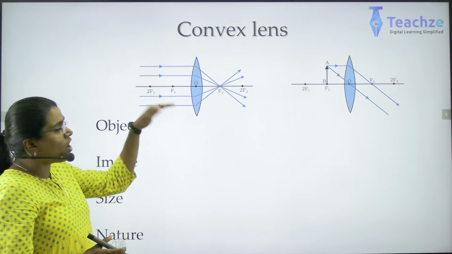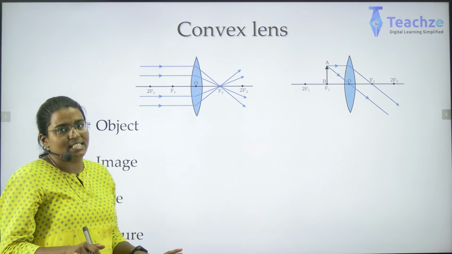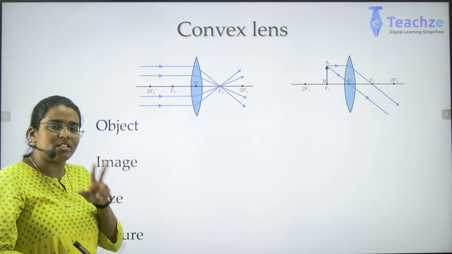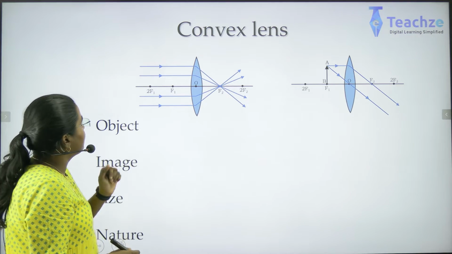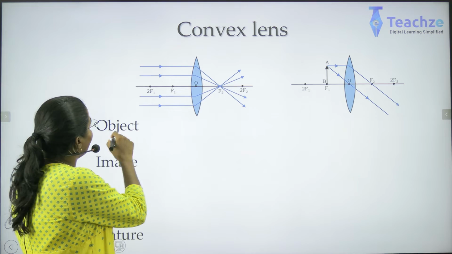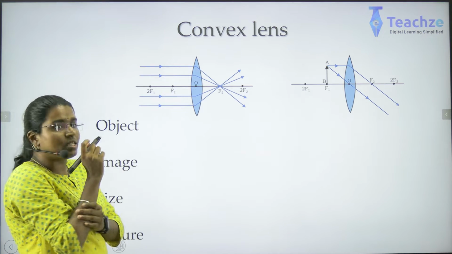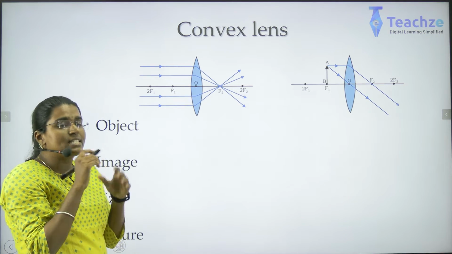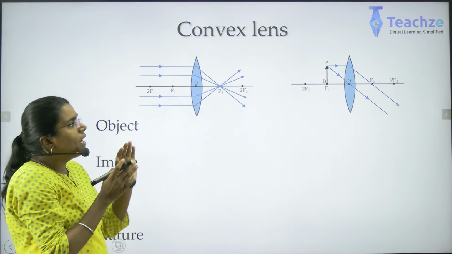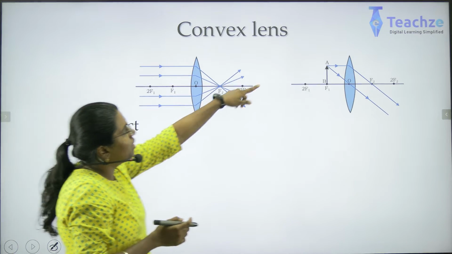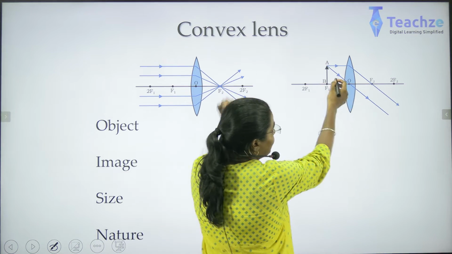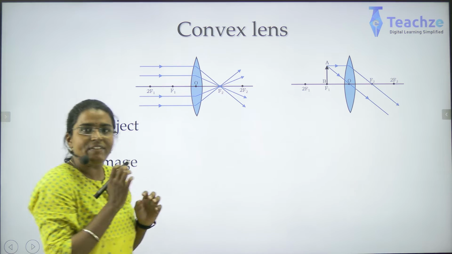Correct. So convex lenses, it will be 6 cases. And concave lenses, it will be 2 cases. So we'll see the first one. The ray diagrams here, the rules will be the same, but whenever the rays pass through the optic center, there will be no deviation.